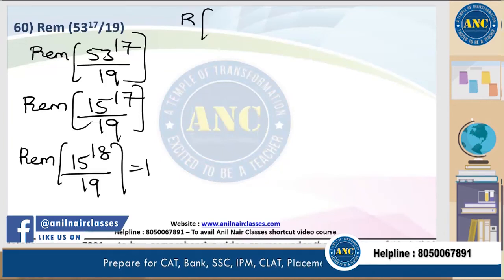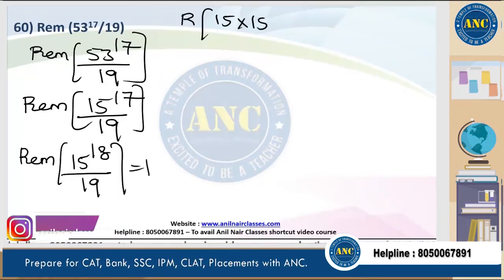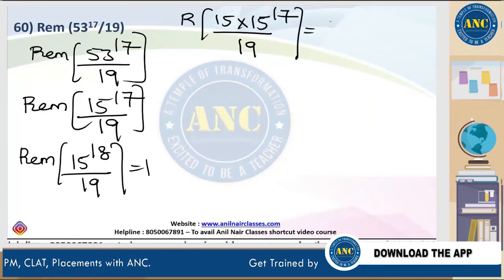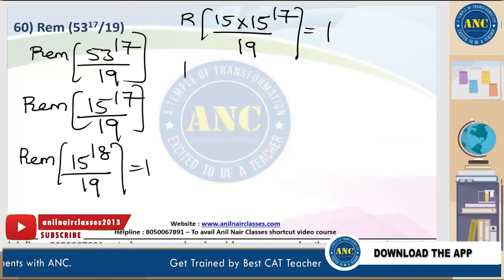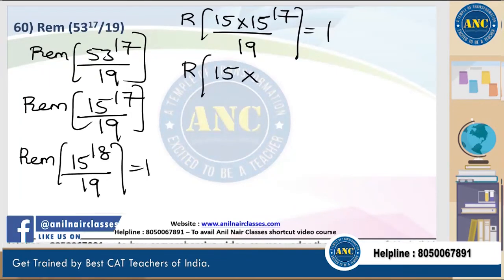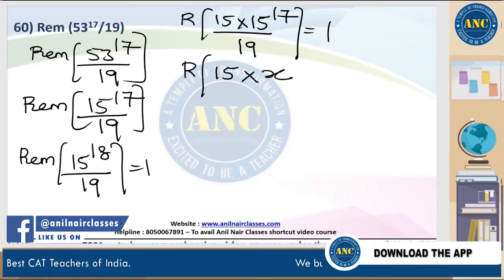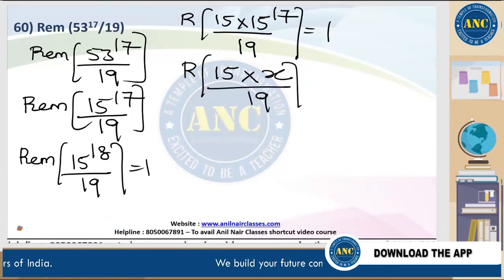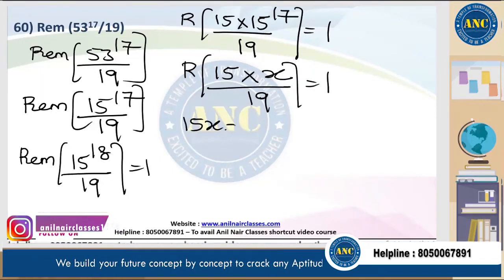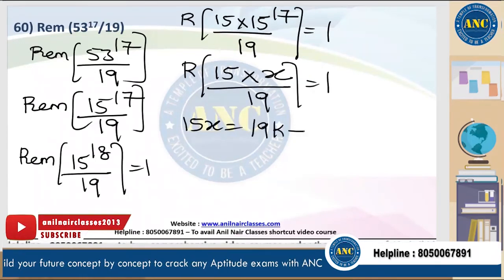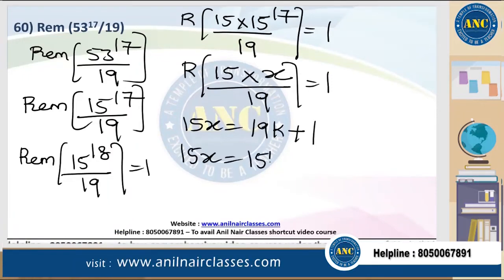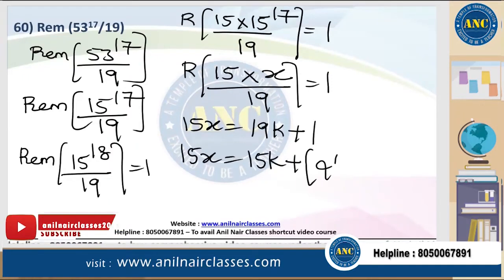So 15 into 15 power 17 divided by 19 is 1. 15 divided by 19 is 15. Let 15 power 17 by 19 be x. When I further divide, remainder does not change. 15x is nothing but 19k plus 1. So 15x is 15k plus 4k plus 1.